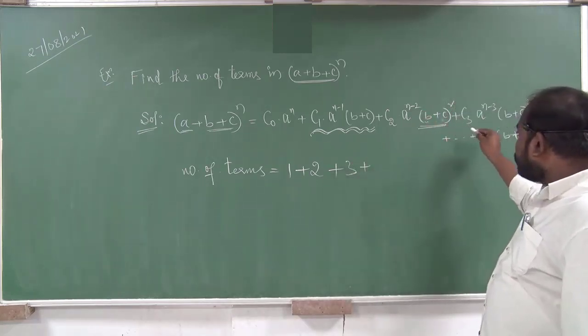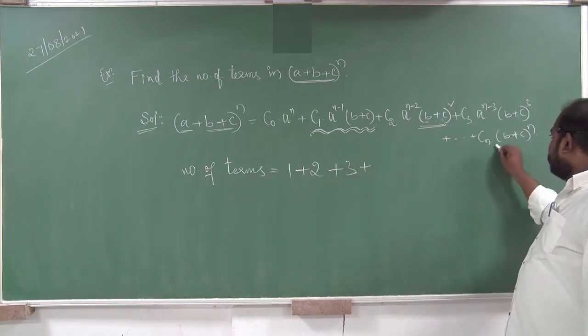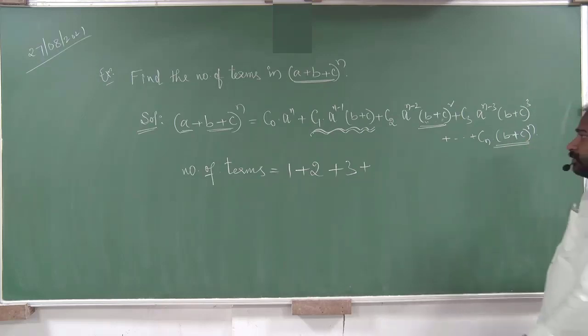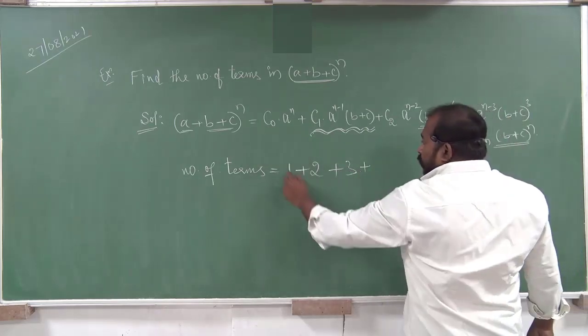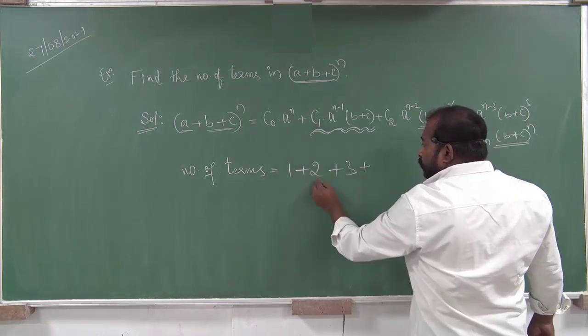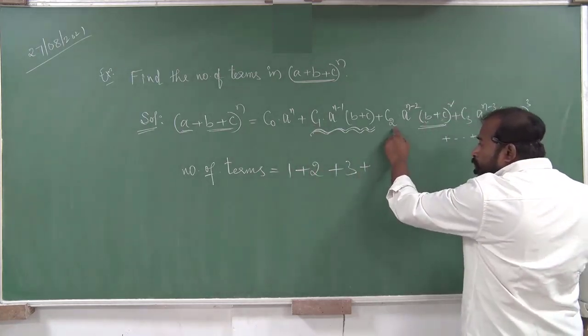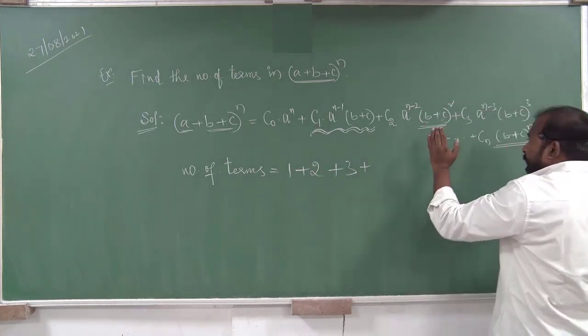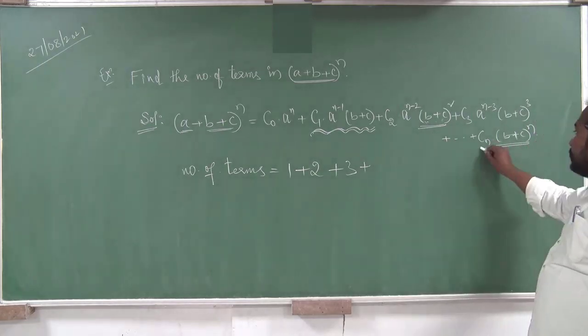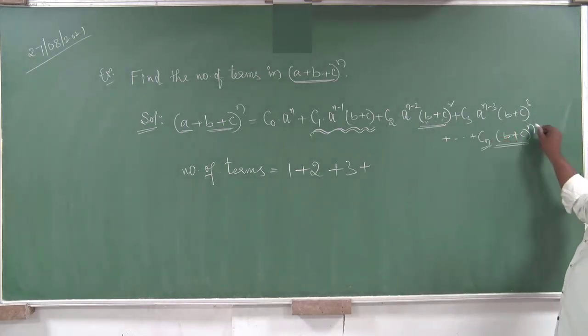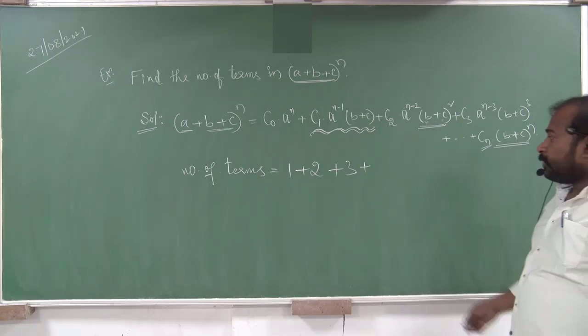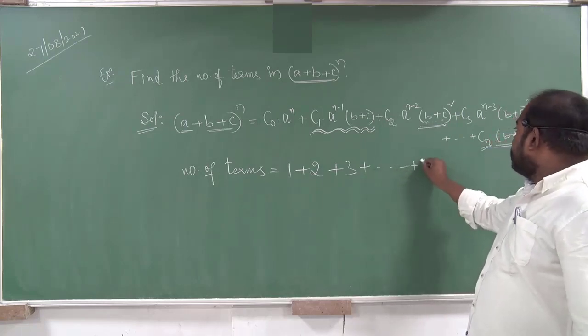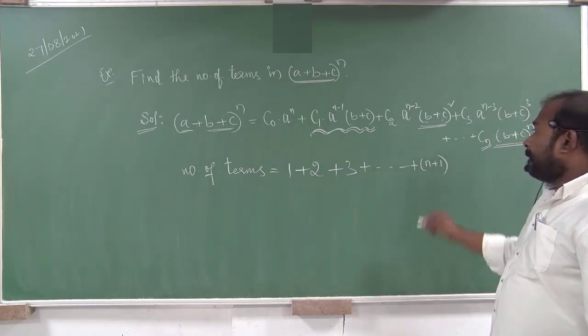Plus, by proceeding like that, in the last, listen here, C0 gives 1 term, C1 gives 2 terms, C2 gives 3 terms. By proceeding in that manner, Cn is there now. So in this expansion, how many terms will you get? n + 1 terms you will get.